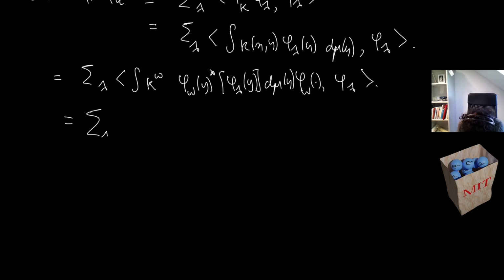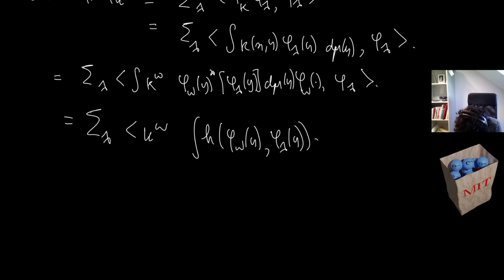As I said, this is precisely going to be h omega. I'll move the integral sign here: h, the metric, acting on phi(y) phi_lambda(y) d mu(y).